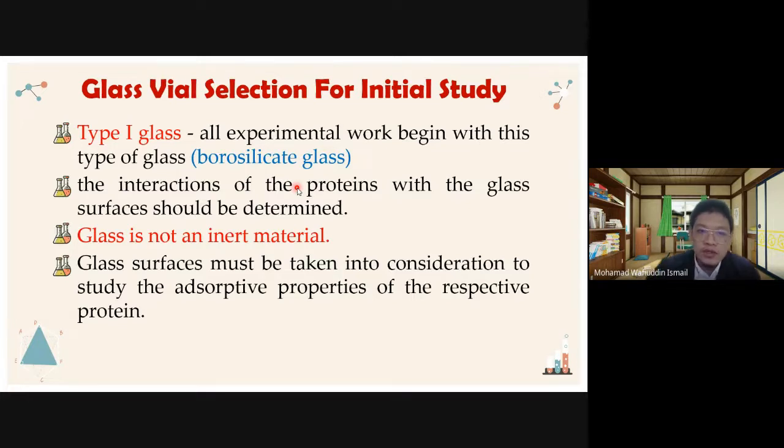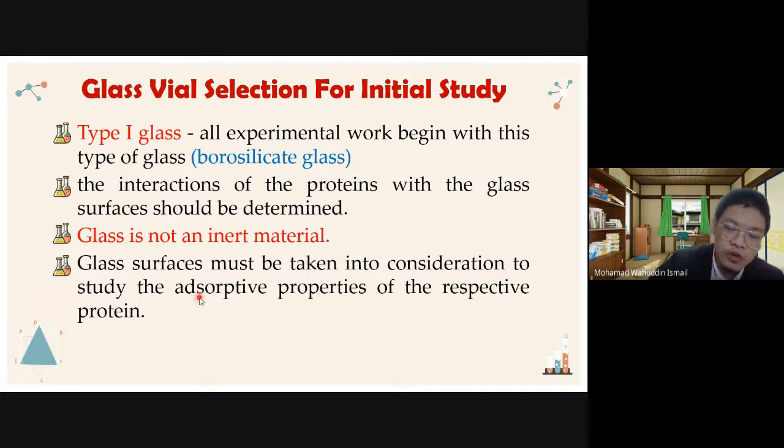So type 1 glass, a borosilicate glass, is where all experimental work begins. The interaction of the protein with the glass surface should be determined. Glass is not an inert material, and glass surfaces must be taken into consideration to study the adsorptive properties of the respective protein.